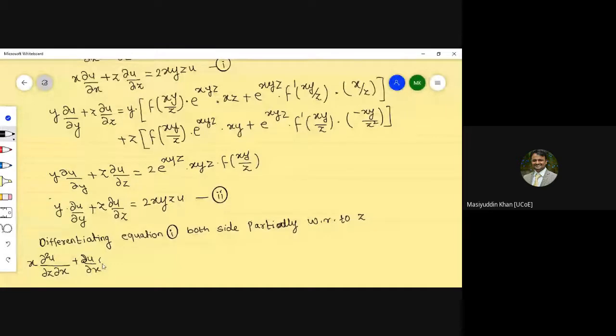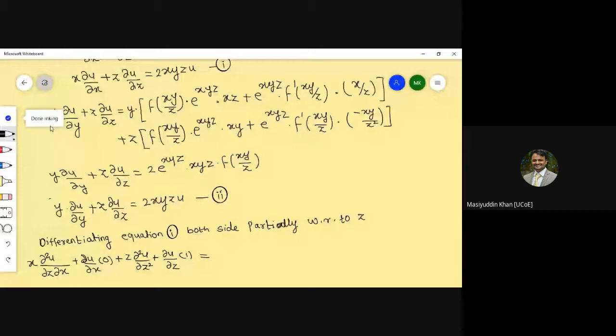Plus a constant, directly you can take as 0. Next part, we differentiate again with respect to z: z as it is into the derivative of this part, so you will get ∂²u/∂z² plus ∂u/∂z as it is, and the derivative of z with respect to z becomes 1, which is equal to.